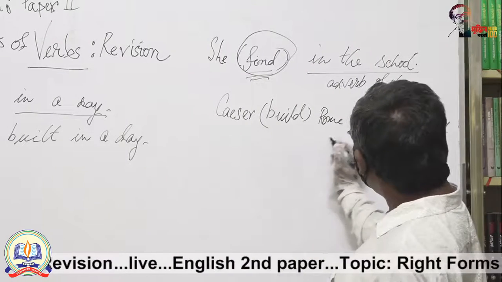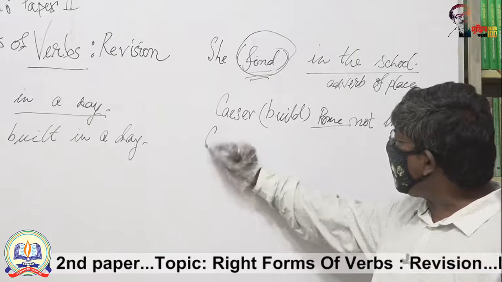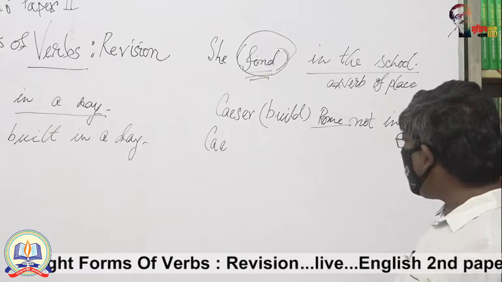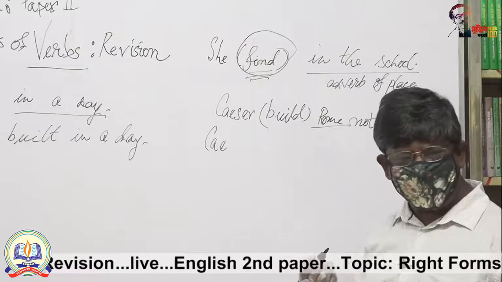So, we have the object Rome. Therefore, we would write the verb in the active form, and it is a historical fact.